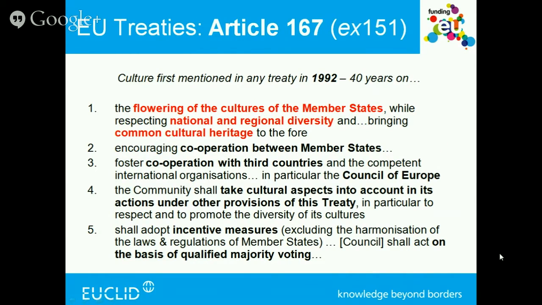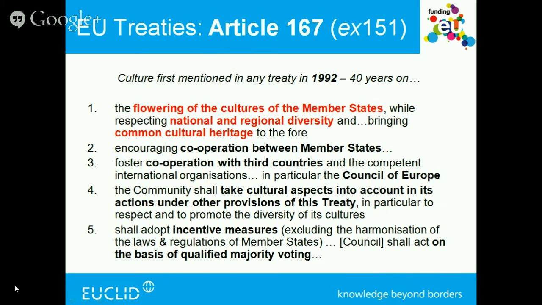This is the article which talks about culture. I always point out the fact that it took them 40 years to put anything into the treaties about culture. So no matter what the rhetoric is about culture being important for the European Union, in terms of legal responsibilities, nothing turned up until 1992.